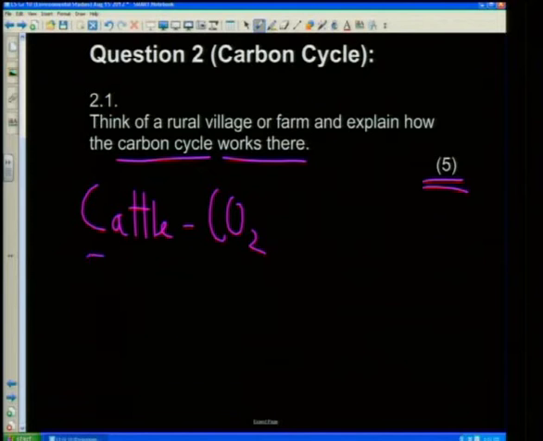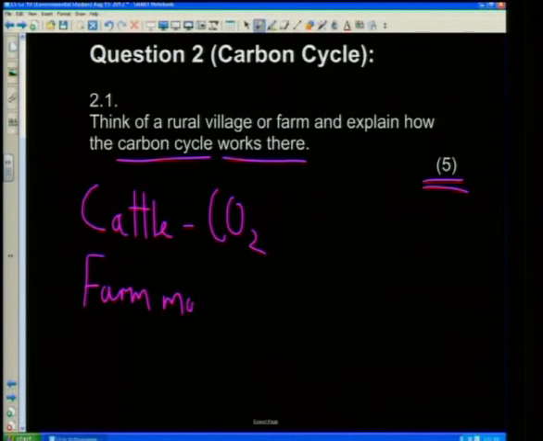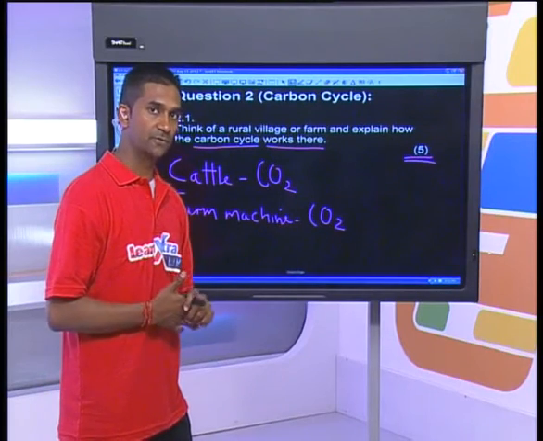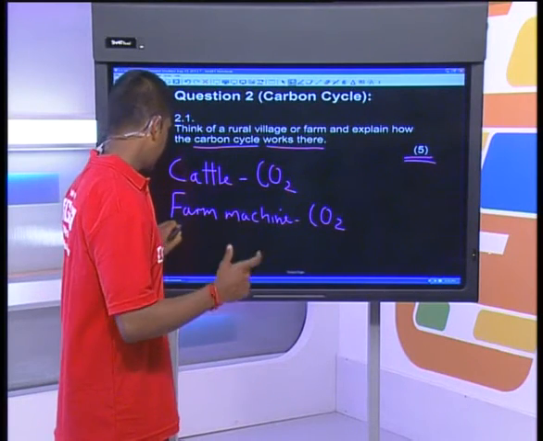The farm machinery, so the farm machines that rely on petrol, these produce carbon dioxide. If a farmer was removing trees to create more space for agricultural land, deforestation.